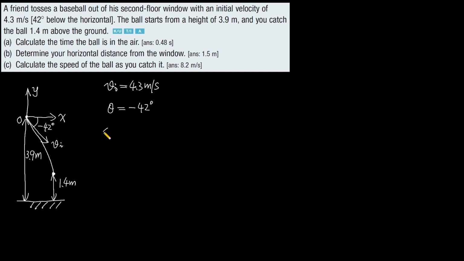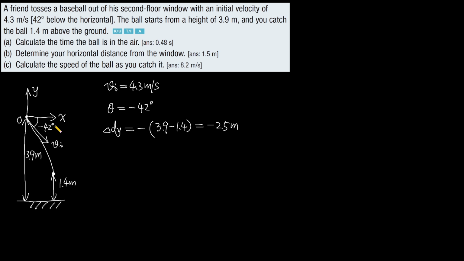Then its vertical displacement equals negative, 3.9 minus 1.4, equals negative 2.5 meters. It's negative because the direction of its vertical displacement is down.